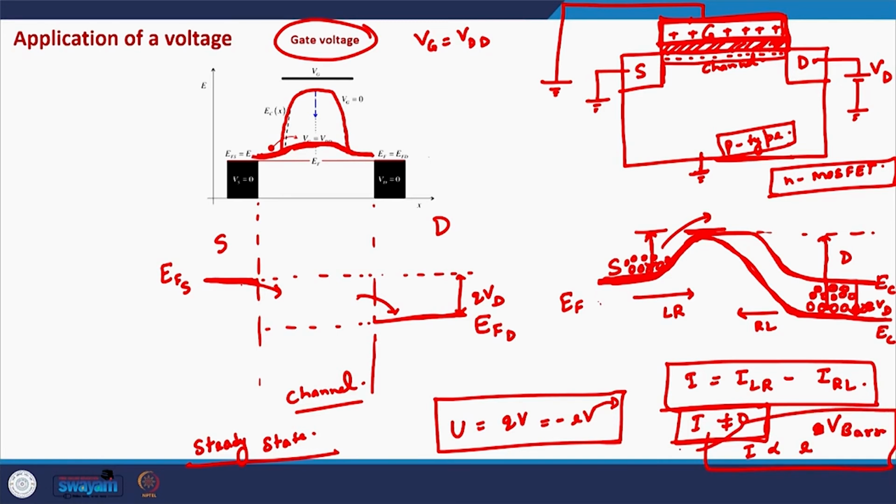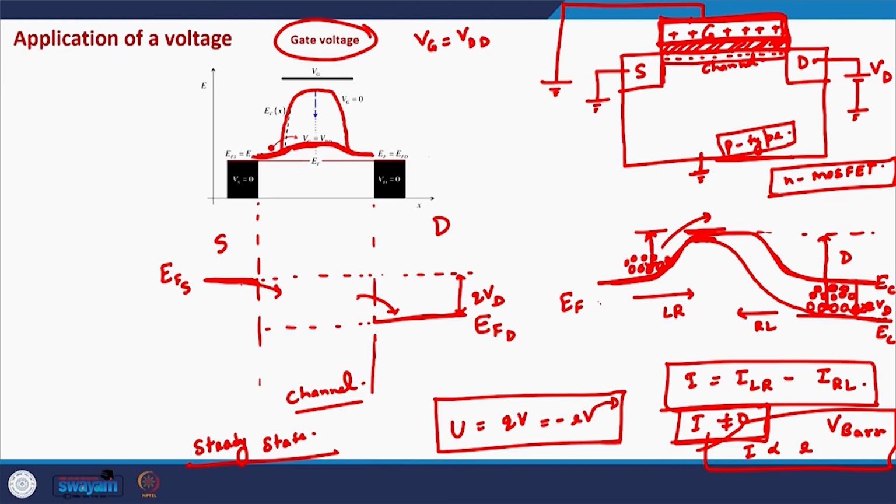The current from source to the drain side will depend on the barrier height from the source side, and the current from drain side to the other side will depend on the barrier height from the drain side.